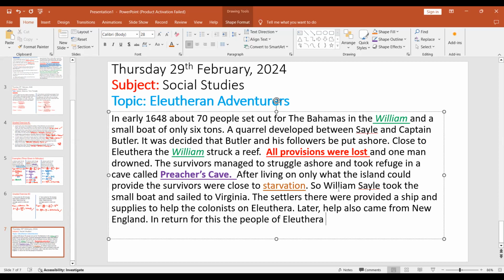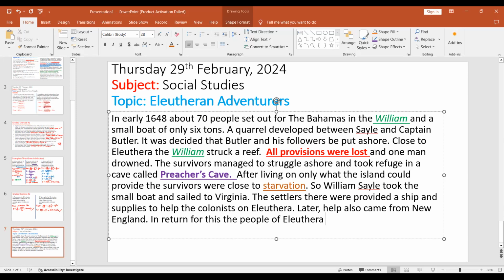Not gold, no. Help came from New England in the form of food and stuff. But what did the people of Eleuthera give them in return? Ships? No. A certain type of wood? What's the name of the wood? Brazil. Oak.